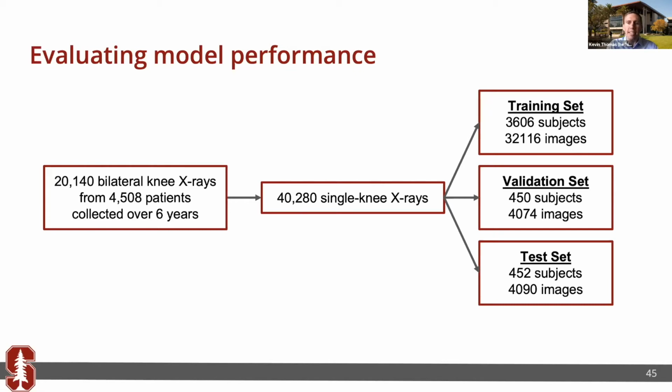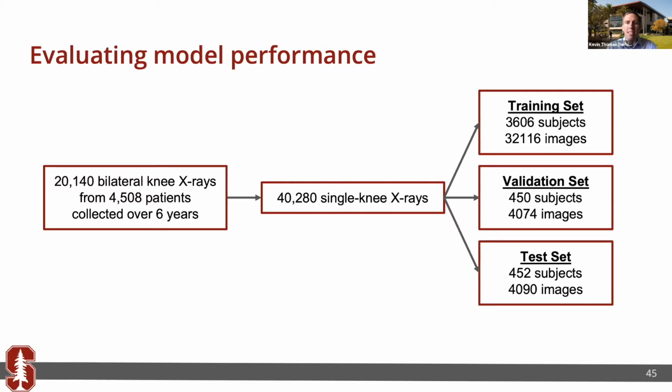And I split this data up so that 80% of the subjects went into my training set, 10% of the subjects went into my validation set, and 10% of my subjects went into the test set. And in deep learning, you'll often iteratively build a model using your training set, check how well it's doing by evaluating it with the validation set, and then go back and adjust your model to try to make it even better and repeat that process.